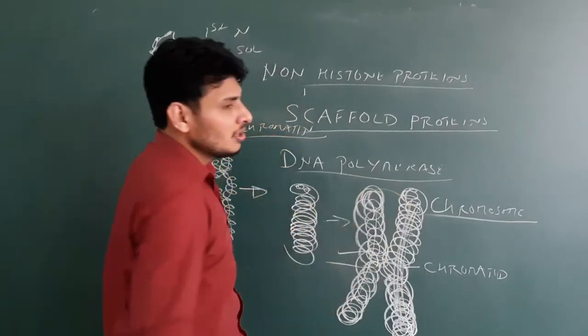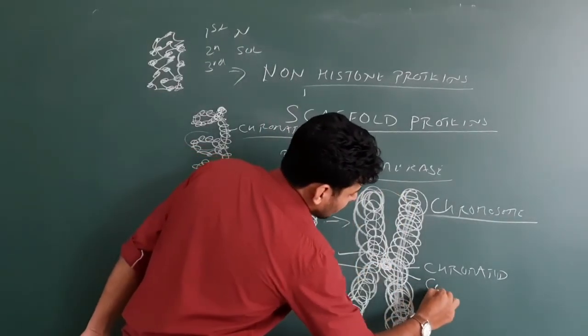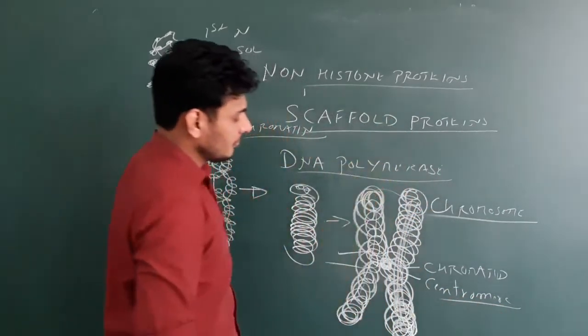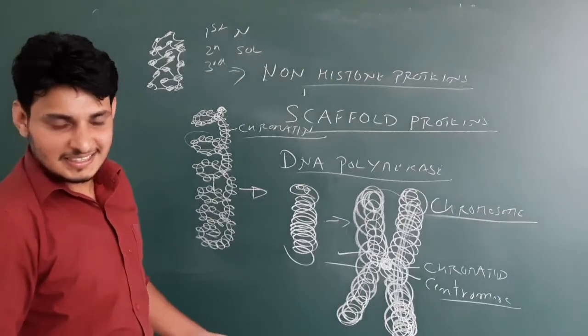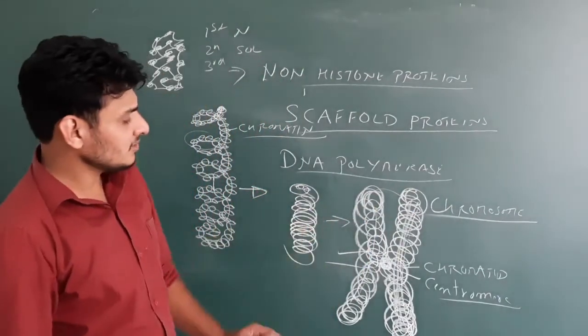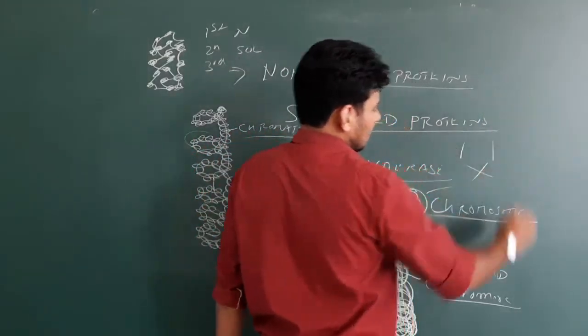So these are held together by an important structure called centromere, and now it becomes a chromosome. That's it, easy. So two sister chromatids match in their nitrogenous bases, hence they are attached by centromere, finally making an X-shaped structure called chromosome.